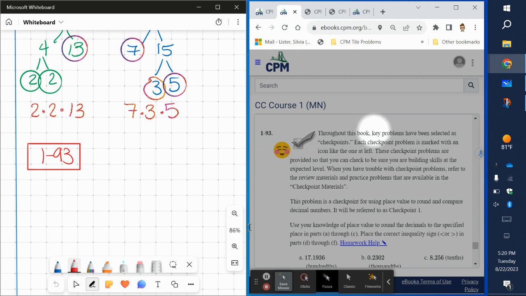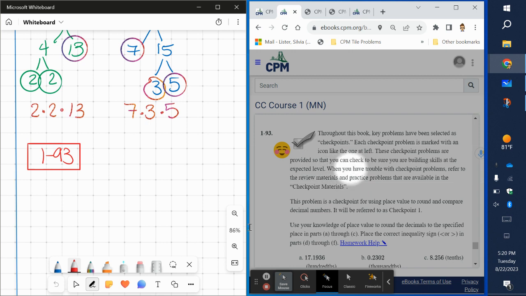Throughout this book, key problems have been selected as checkpoints. Each checkpoint problem is marked with an icon like the one at left, the check mark. These checkpoint problems are provided so that you can check to be sure you are building skills at the expected level.